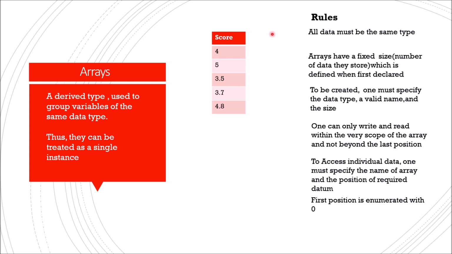However, you have to watch the following rules. Whenever you create arrays in C, you must be careful because all data must be of the same type. For instance, all of them here are numeric values, and if we go further, you may specify that they have fractional parts.